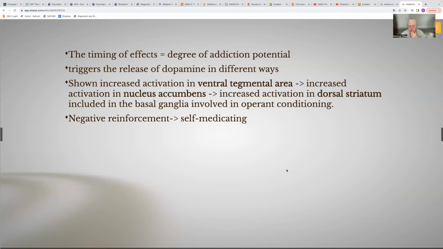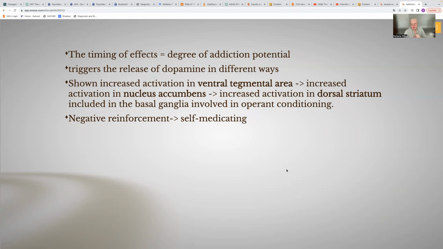The timing of effects equates to the degree of addiction potential, meaning the younger you are when you have exposure to certain drugs, and the susceptibility to those drugs, the greater the likelihood of addiction potential.